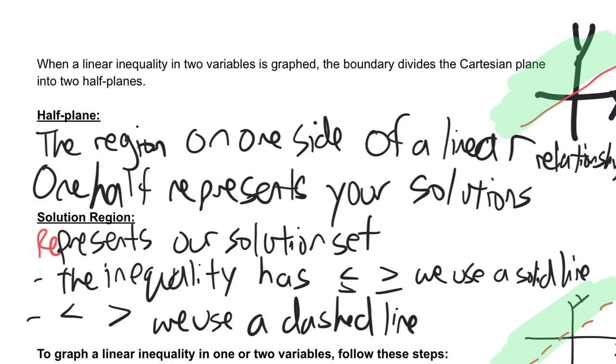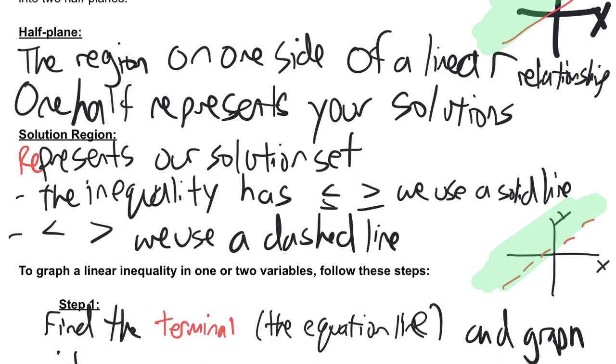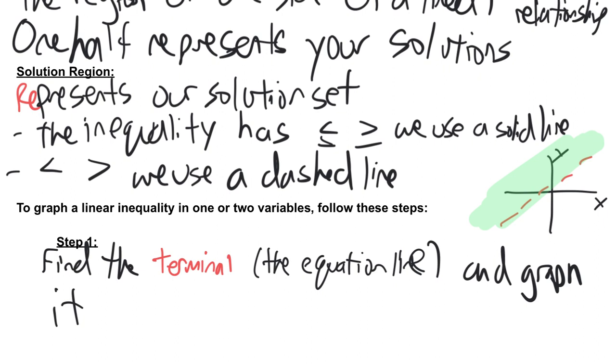And if it uses just less than or greater than, we're going to use a dashed line. So we basically graph the line as we would normally, but we just pay attention to whether we're going to use a solid line or a dashed line.